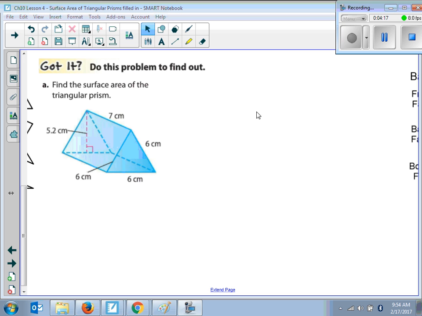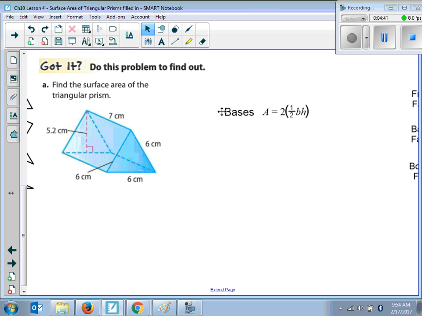All right, so in this first Got It problem, it says find the surface area of the triangular prism. So the first thing we want to do is look at our bases. If you look, our bases are what kind of shape? Triangles. One here and one there. So we have two triangular bases. Okay?